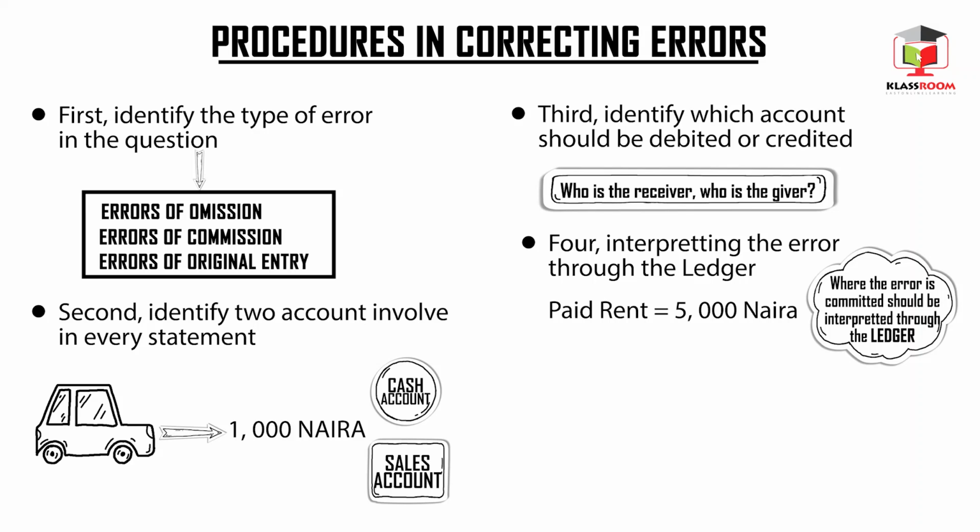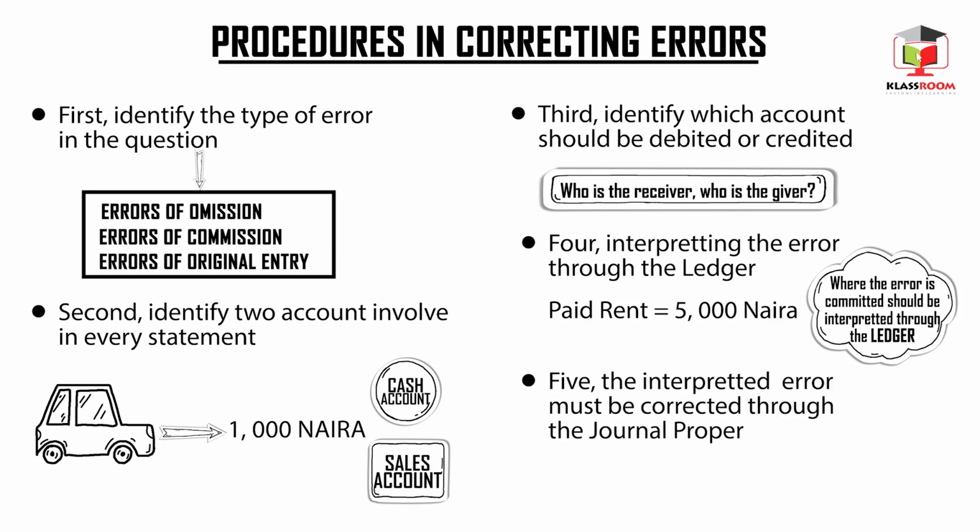It was supposed to be credited, but mistakenly it was omitted. So for me to interpret this, I have to create a T format for cash account indicating where the error occurs. Okay. Then lastly, the interpreted error must be corrected through the journal proper.